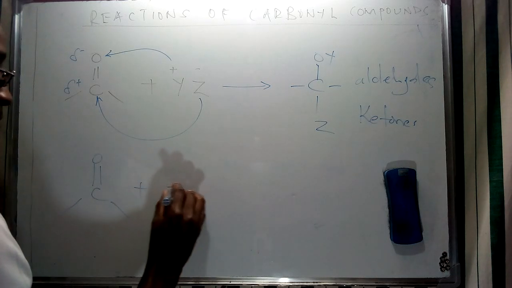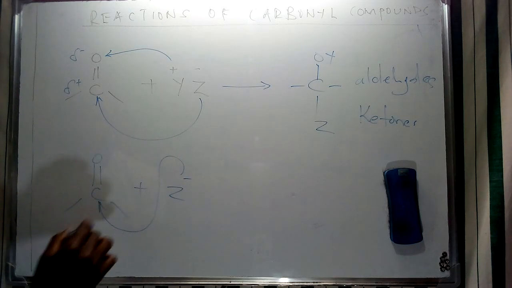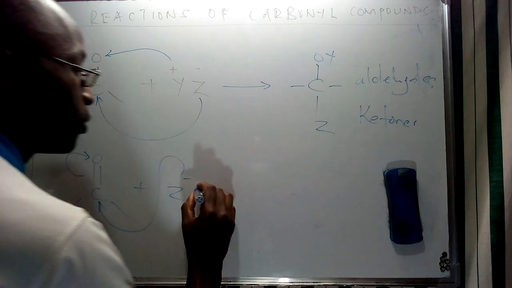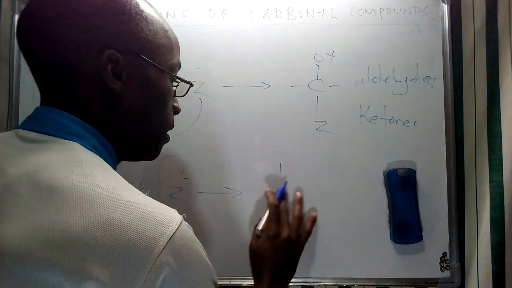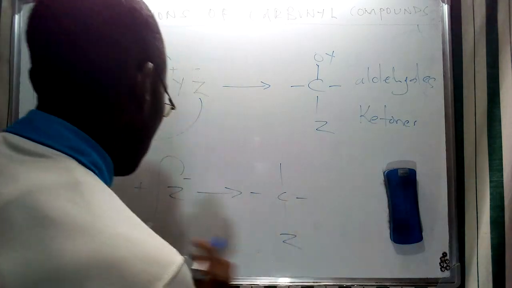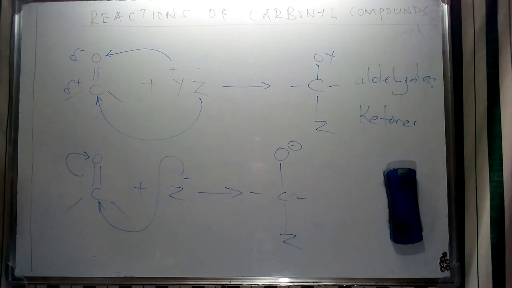So the first step, this is going to interact with a nucleophile, whereby the nucleophile is going to attack at this specific point, and this is going to move to that point, and this is going to lead to the formation of an intermediate that is going to, of course, appear as this, whereby we are drawing this Z attached to this specific point, and this is going to have a negative charge.